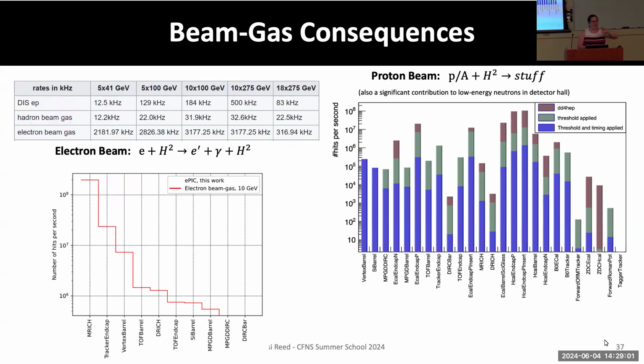So this is the probability of the proton running into something random. And down here, this is just showing the electron beam gas events. Now if you look at this number compared to this, the beam gas collision rate is actually much higher than the physics collision rate. So this is something that will actually require a lot of clever thinking to deal with, mainly in terms of not swamping out our signal with background.